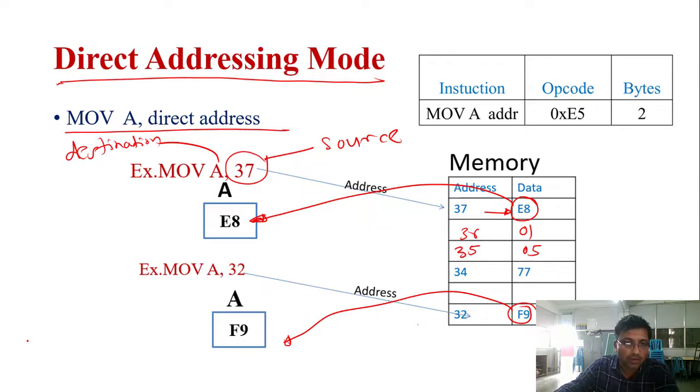Again, if I write MOV A, #32, this is an example of immediate addressing mode.